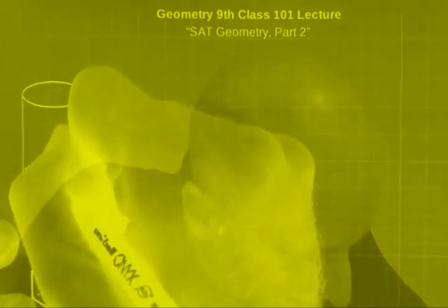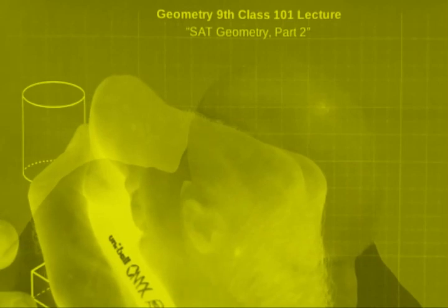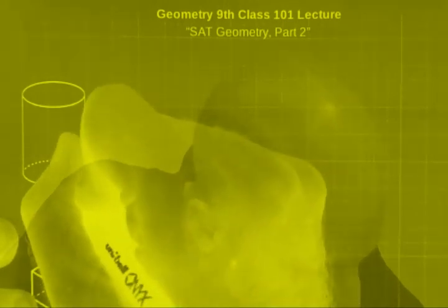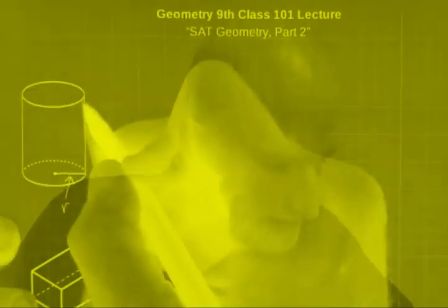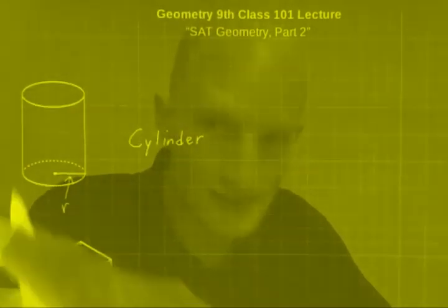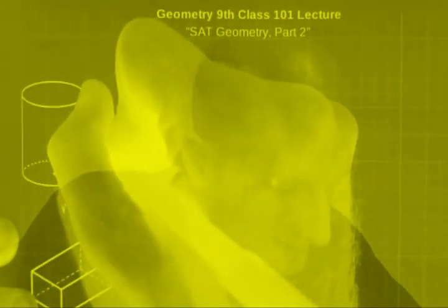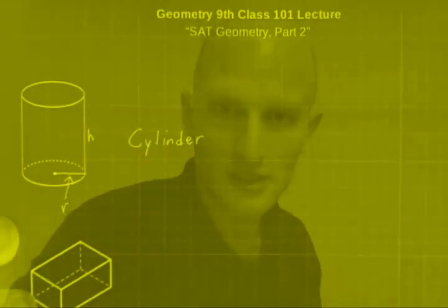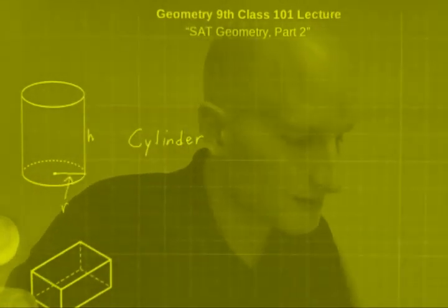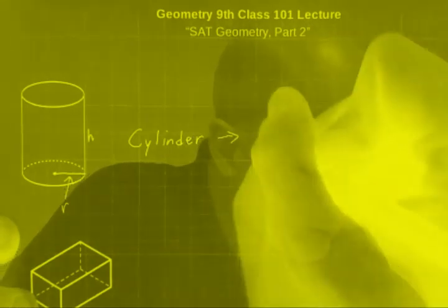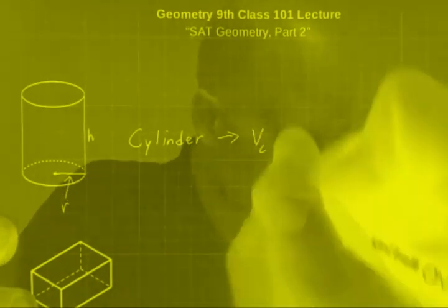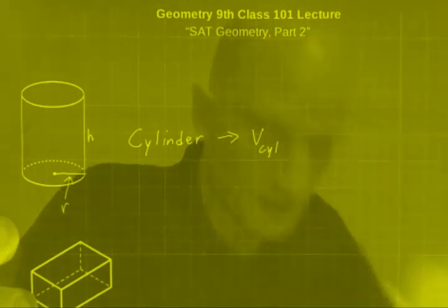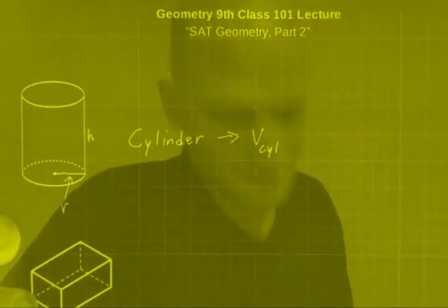Let me draw the radius here. Radius, boom. And this side of the cylinder, we call the height. So to find the volume of a cylinder, I'll just indicate that we're talking about a cylinder.